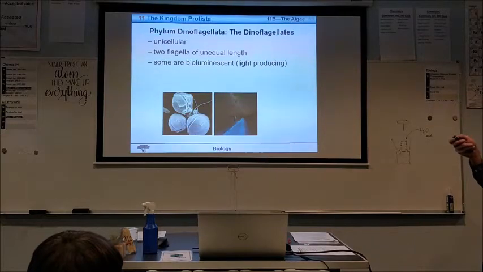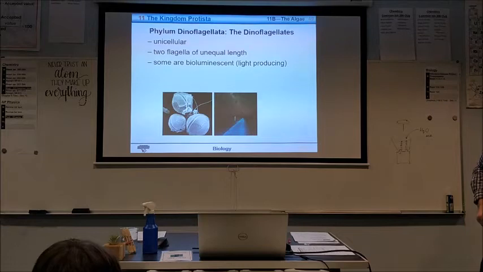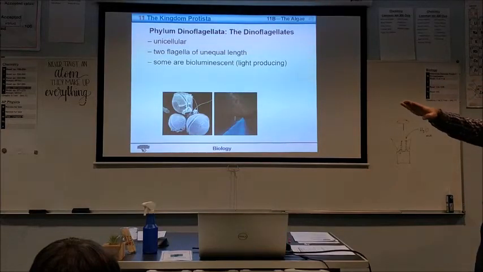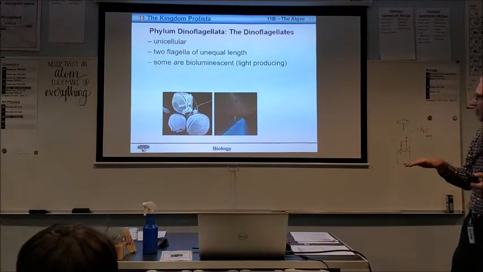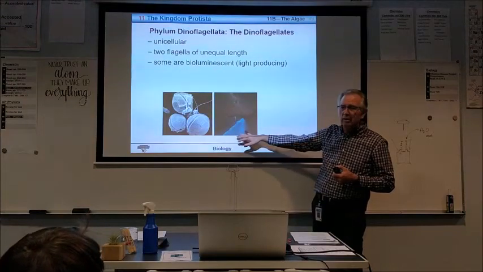I don't know if you've ever seen this, if you've been to the Caribbean Ocean Gulf Coast, at certain times of the year, you go out there after dark, and the water is actually glowing blue.